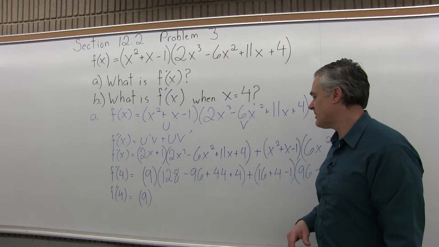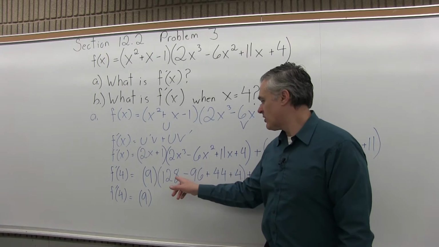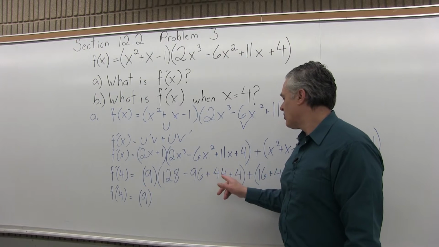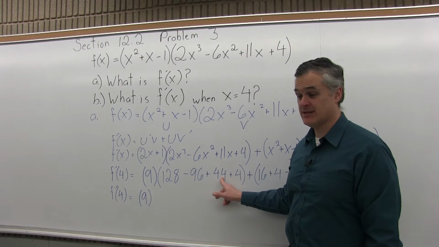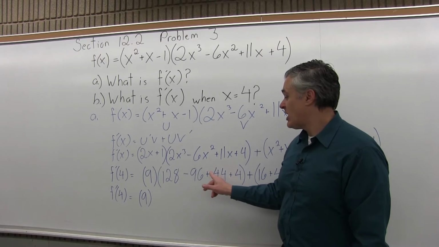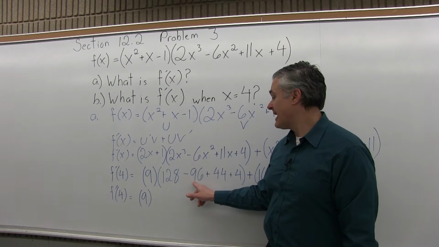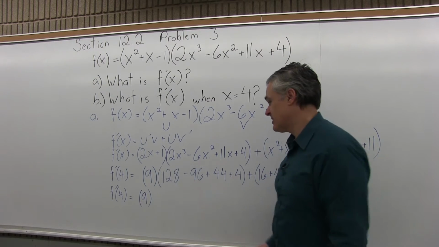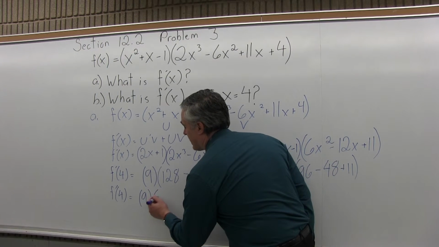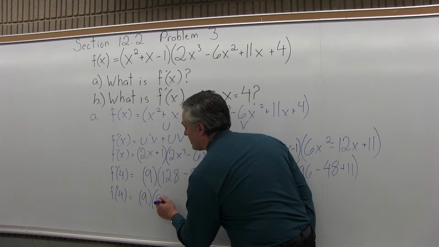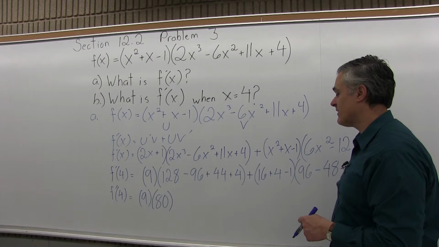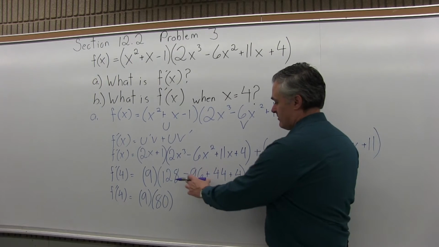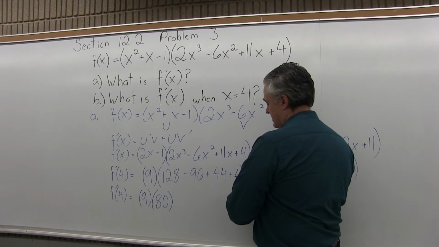So 128 plus, let's make it plus 48. So 128 plus 48 is 176. And then I'm going to have 176 minus 96. So 176 minus 96 will be positive 80. And again, you can check this on a calculator to verify it. And that finishes off the second set of parentheses.